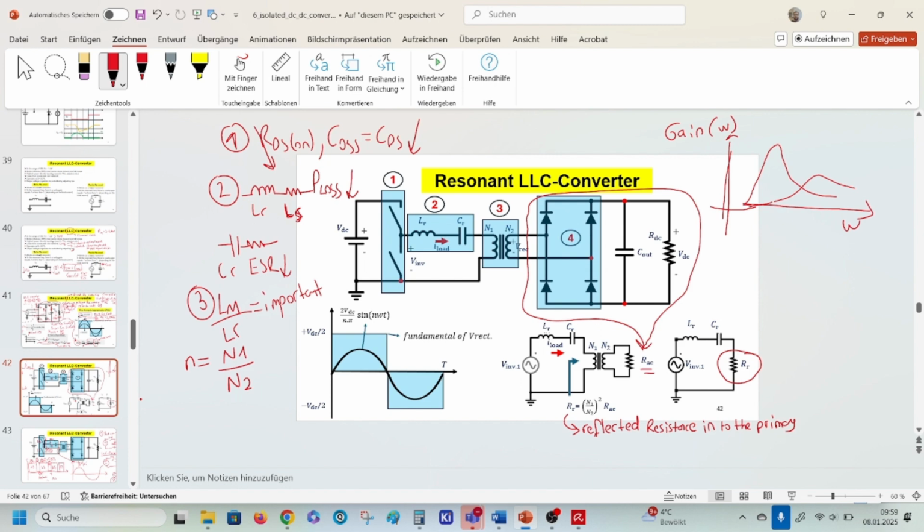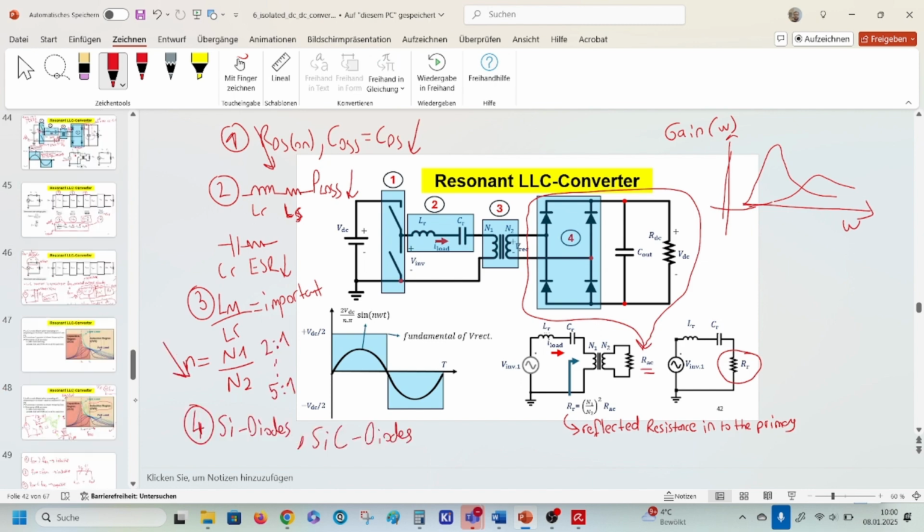For less efficiency, you can use silicon diodes, or for high efficiency, we can use SiC diodes. This was for a design of LLC converter.